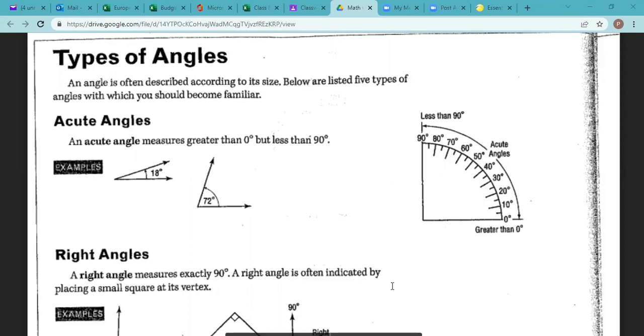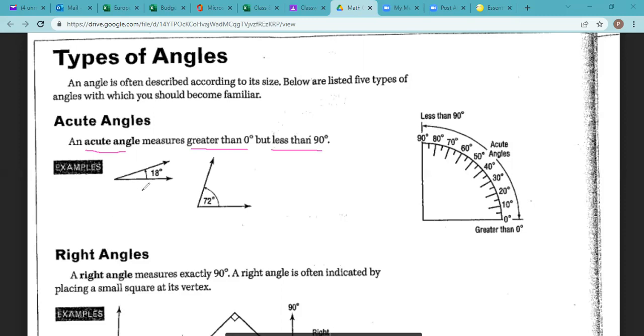Now, what this is when you have an acute angle is it's going to measure greater than 0 degrees, but it has to be less than 90 degrees. Because remember, if it's exactly 90 degrees, it would then be a right angle. So anywhere between more than 0, less than 90 is called an acute angle.